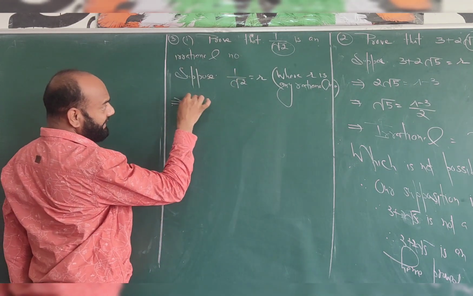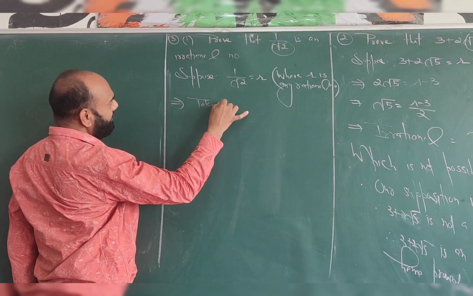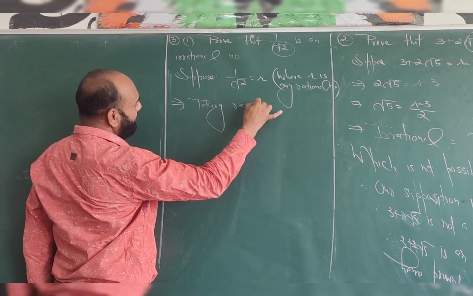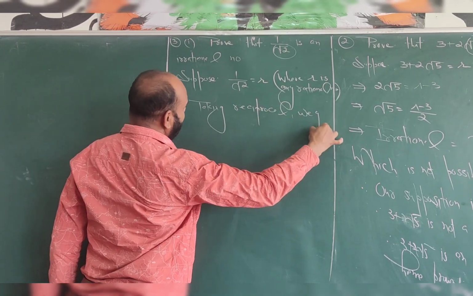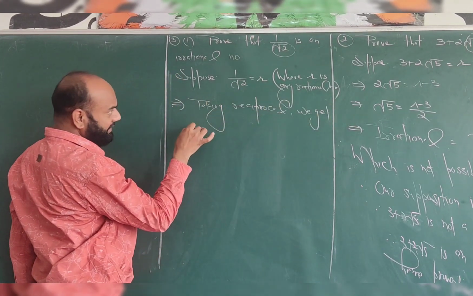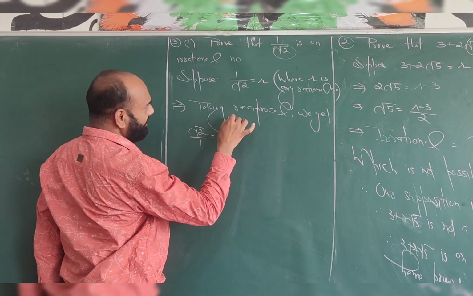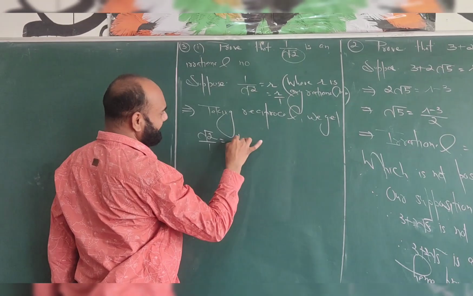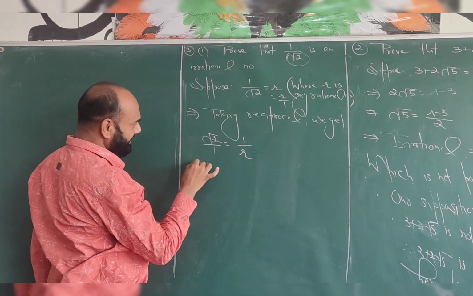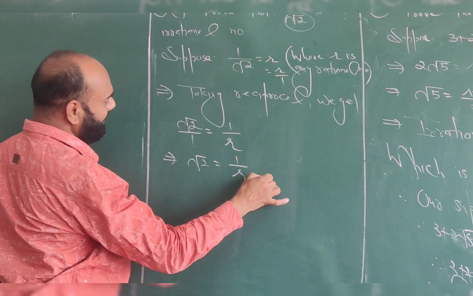So by taking reciprocal, we get root 2 upon 1 is equal to r upon 1, so its reciprocal is 1 by r. This implies root 2 is equal to 1 by r.